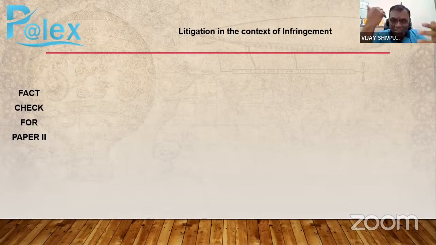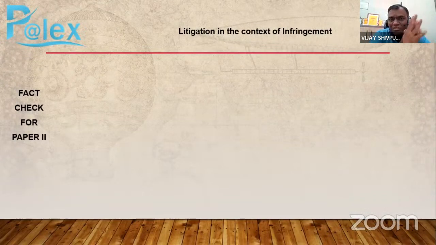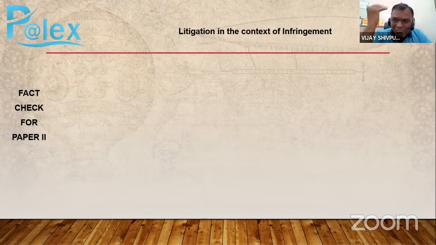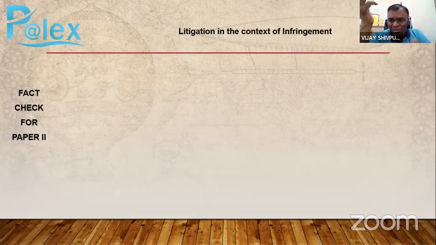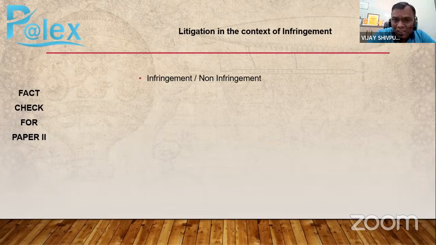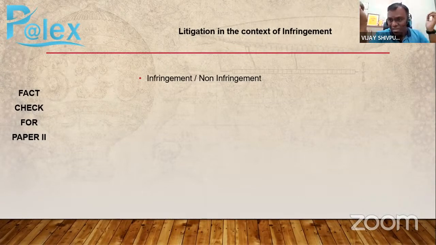But when it comes to the infringement part, there are a lot of misconceptions about how to determine infringement. And that's where you need to be very clear about your ideas or concepts. Herein you need to understand the concepts of infringement and non-infringement actually. What does that mean? How is it evaluated? There may be very simple basic rules to evaluate infringement or non-infringement.